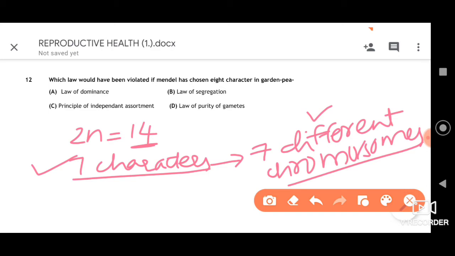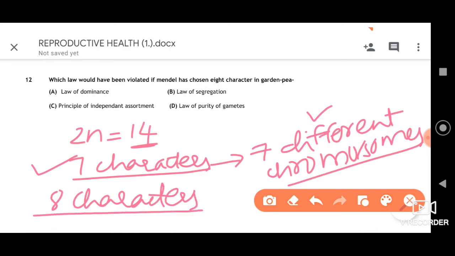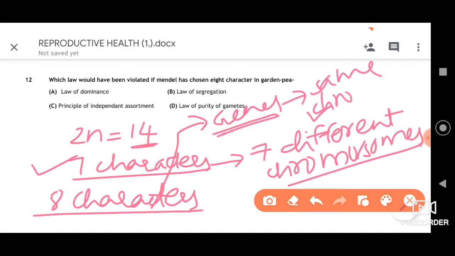So if he had chosen 8 characters, what would have happened? Genes for any 2 characters would have been present on the same chromosome, and it would have made complications. It would have exhibited linkage.